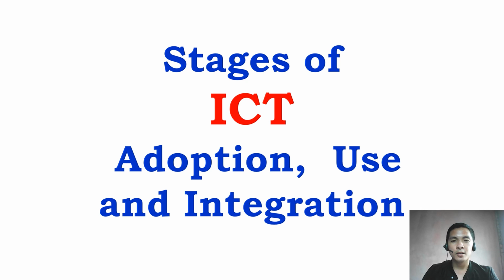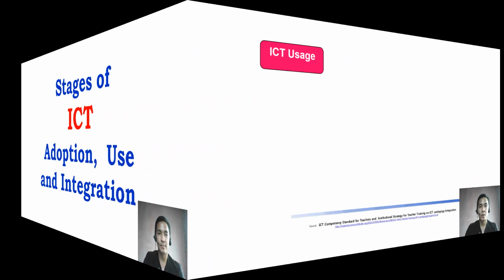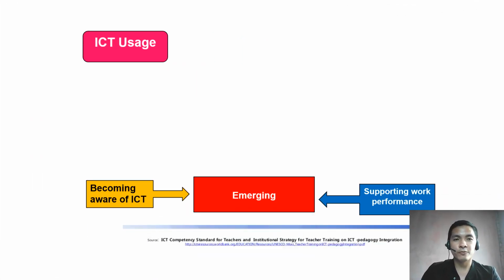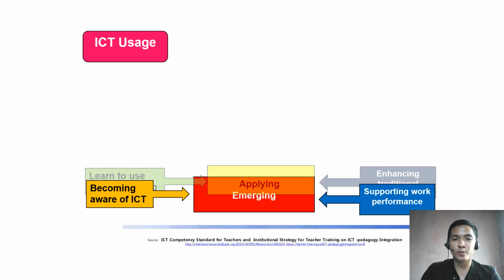This time, we need to discuss the stages of ICT adoption, use, and integration. So there are four stages of ICT. The first one is emerging, wherein we become aware of the ICT, and there is support for work performance.